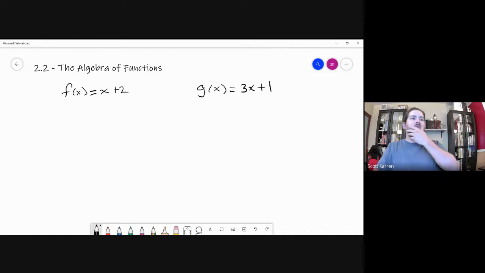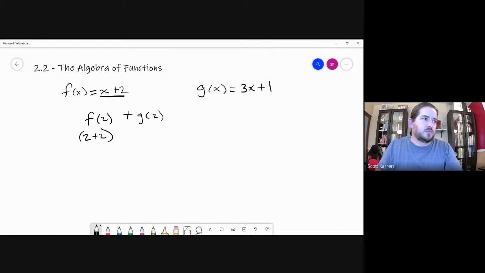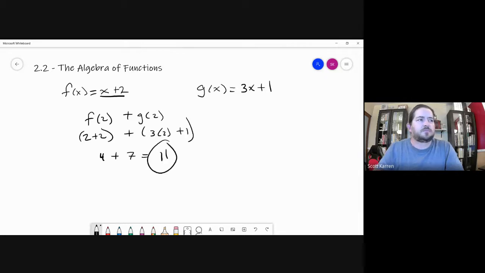Now, if I take f of 2 and I add it to g of 2, I can rewrite f of 2 as the function f with 2 replaced. So that's 2 plus 2, plus g of 2, which is 3 times 2 plus 1, right? And I can solve this down into a number: 4 plus 6 plus 1, which is 7. So this is 11, right?